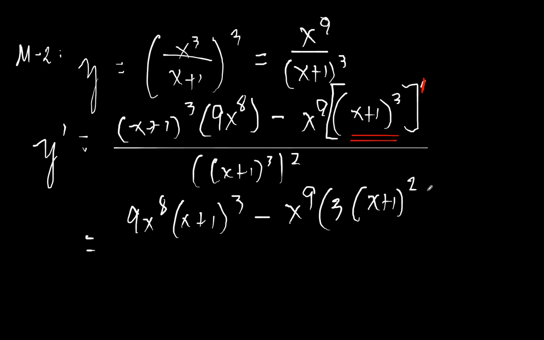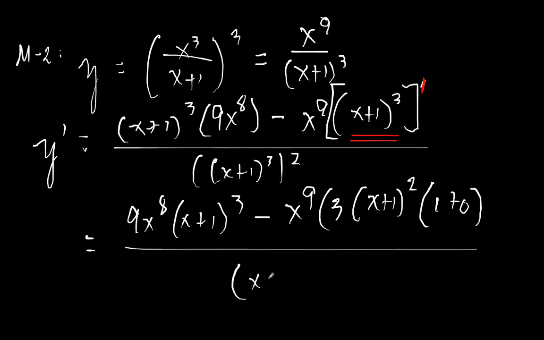So that 3 minus 1 becomes 2. And differentiate the base, x plus 1. So the derivative of x plus 1 is 1 plus 0. All right, and let's copy the denominator. That's x plus 1 cubed raised to 2. That's x plus 1 raised to 6.